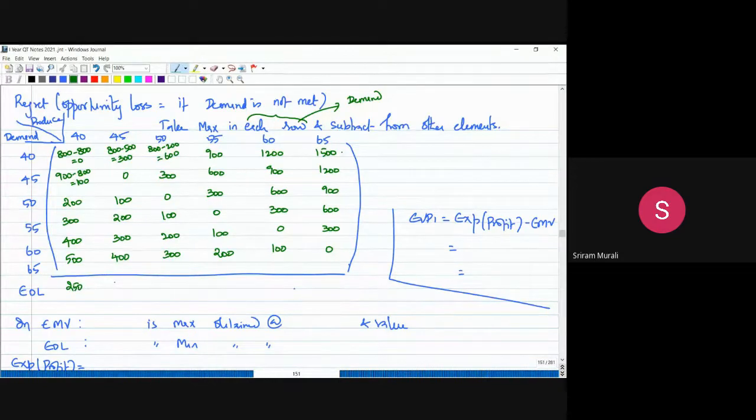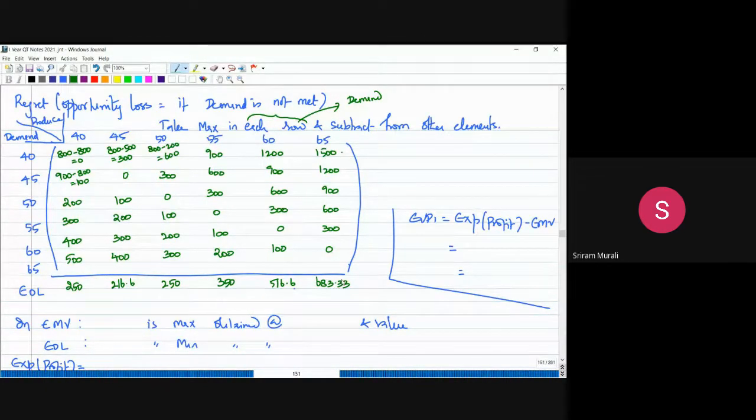What about this case? It is 216.6. Just check whether you are getting 250, 350. It is 516.6. It is 683.3.